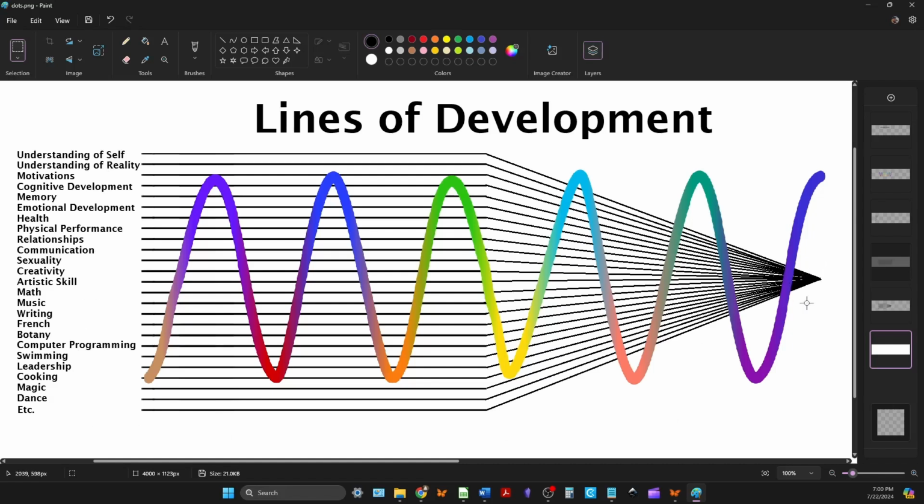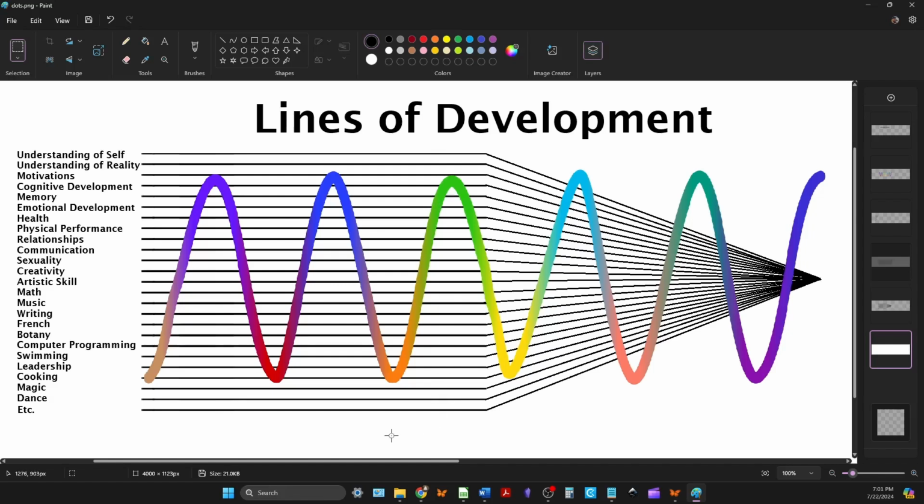And then by the time you get to aubergine, you realize, oh, actually, I am only developing one thing this entire time, and that is consciousness. So when I'm referring to lines of development or strands of development or threads of development, however I happen to say it in any given video, this is what I'm referring to. I'm referring to all of these different lines that we develop in our lives.